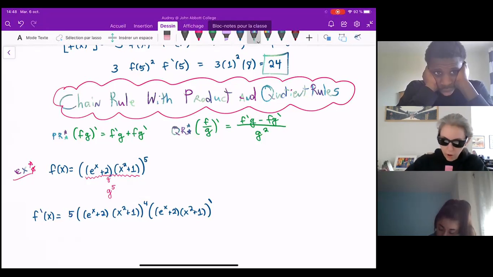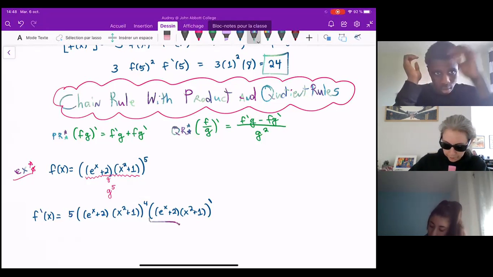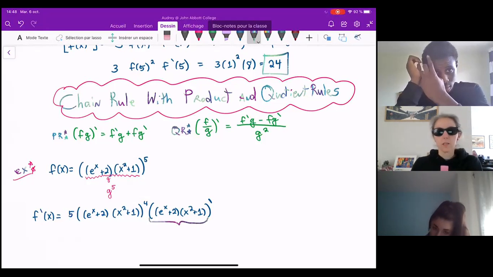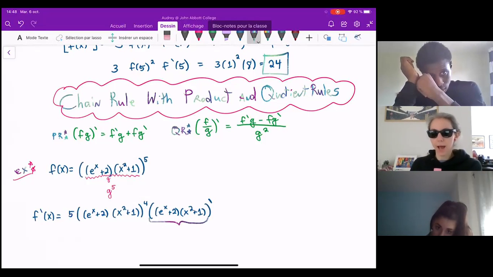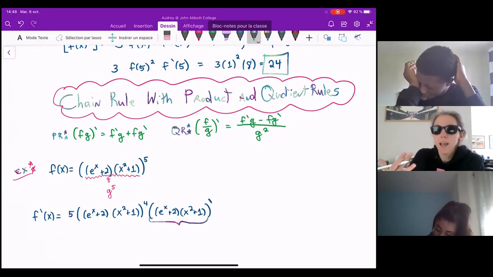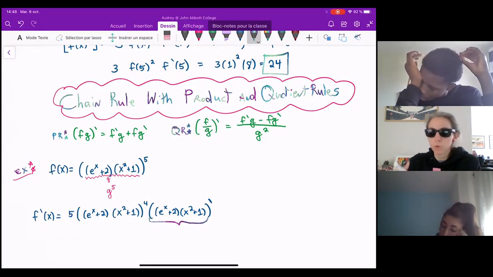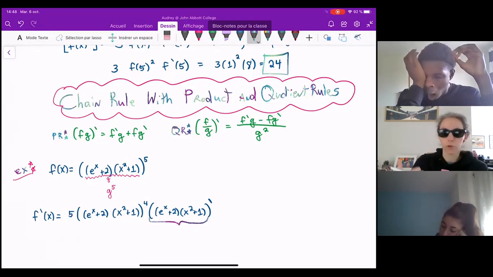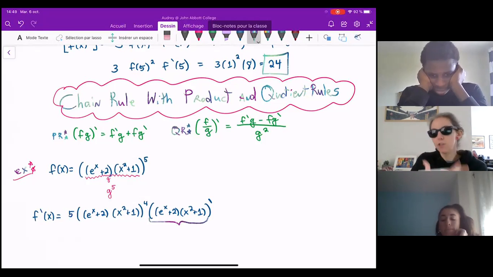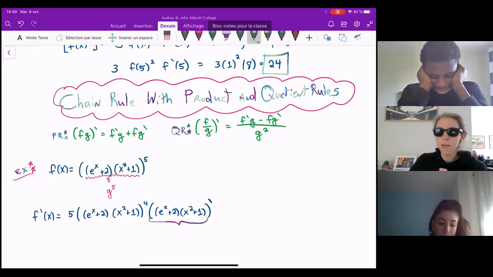Except now that when I look at this inside function, the thing that I primed on the outside, I need to pretend that it's like my initial function. Every time you do a rule, like the product rule or the quotient rule or the chain rule, you're going to have something that you pulled out that's still primed, that you still have to take the derivative of. And you should always treat that as if it is the initial problem.